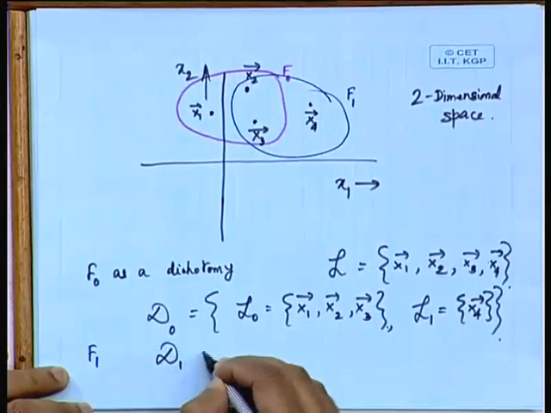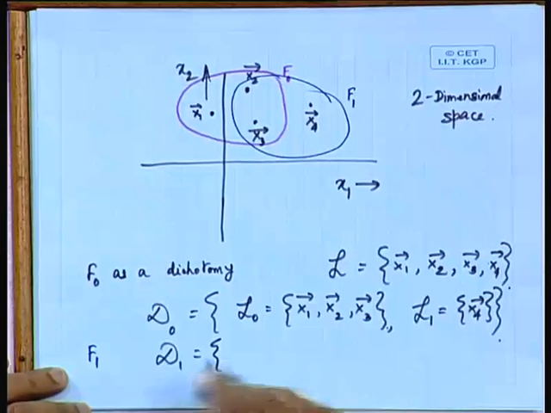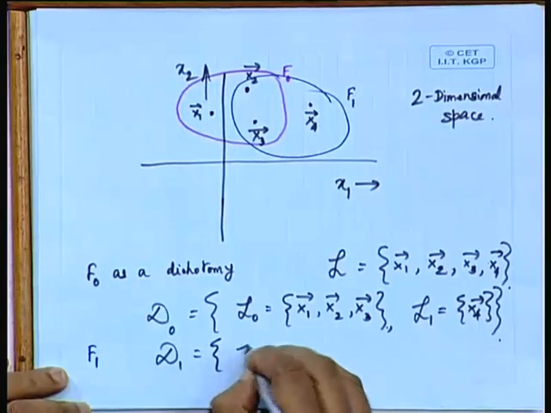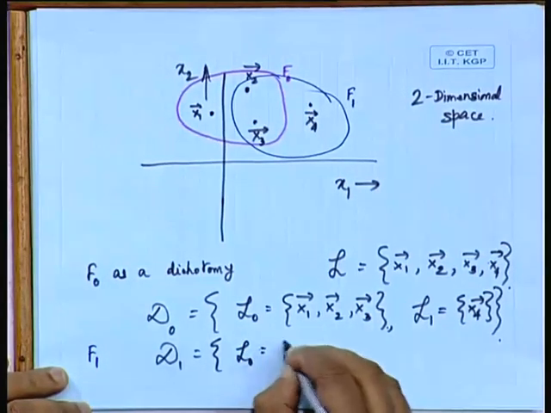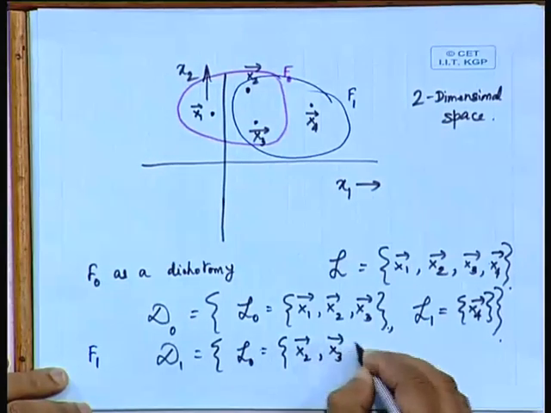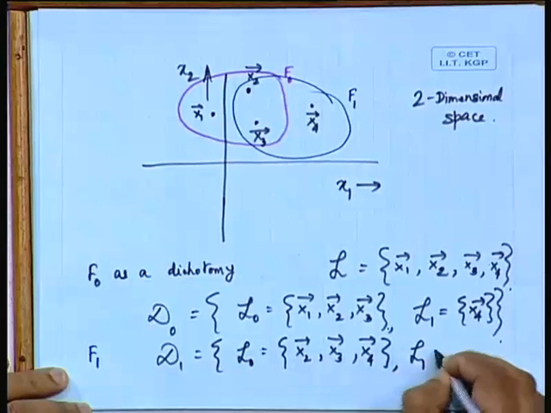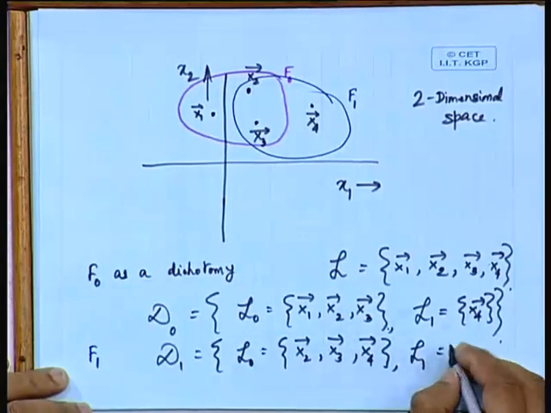This dichotomy can be expressed as 2 sets: one is L0, in which we will now have x2, x3, x4, and in the L1 set we will have x1.